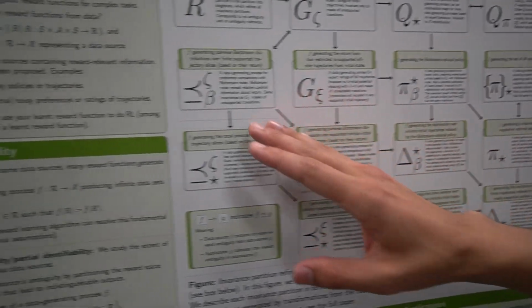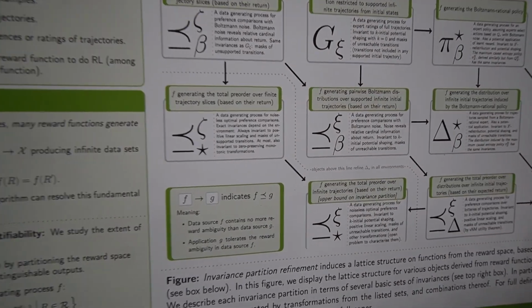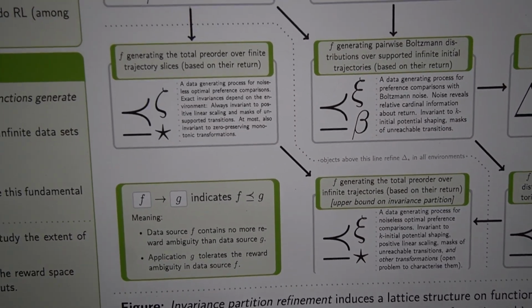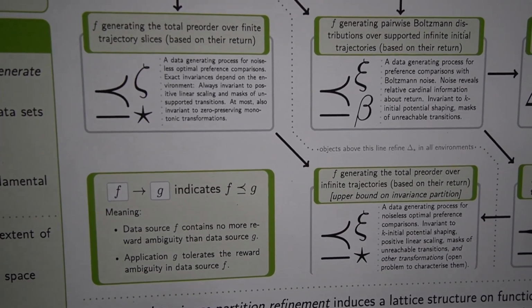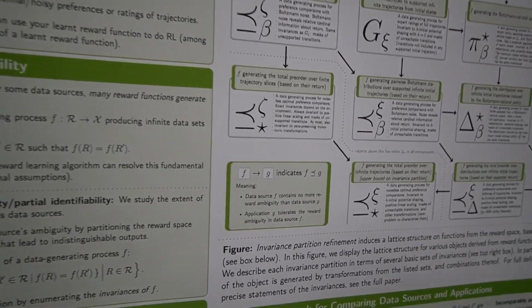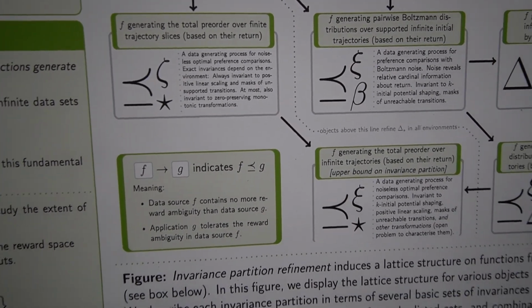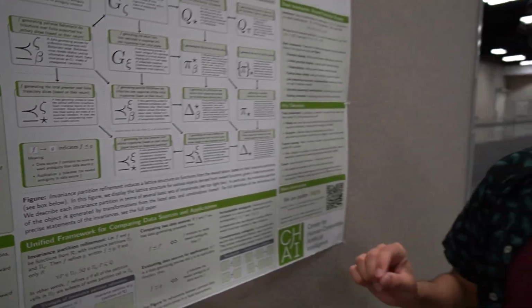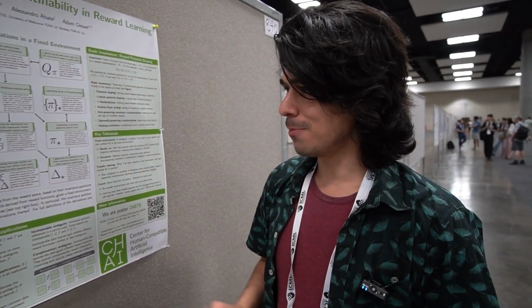Whereas on this other side of the diagram, you've got data sources based on preferences between trajectories or distributions between trajectories. And you might have different assumptions about how those preferences are generated, whether there's Boltzmann decision noise in the human evaluators, or whether they're picking the precisely optimal preference according to its return in every example.